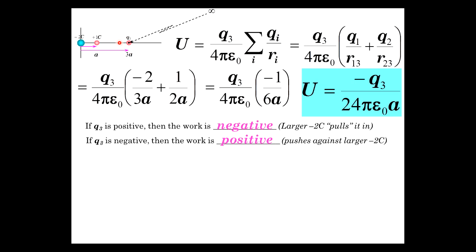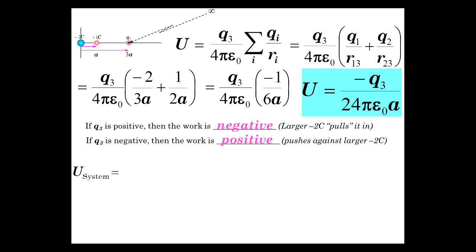Now that would change if we happen to have this really close to the 1, because a lot happens at those very short distances. Very quickly, the plus 1 would suddenly start dominating over the minus 2 if we have to get real close to the plus 1. But that's another story.